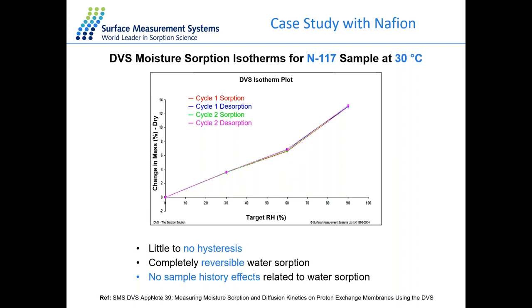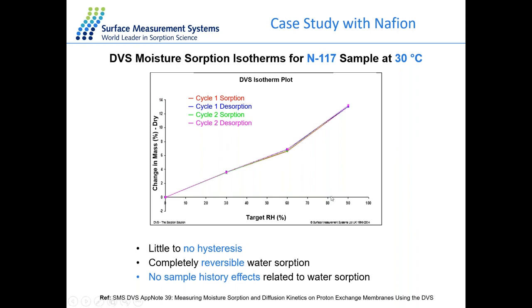The 2 cycles are completely overlapping with each other, so there is almost no hysteresis gap between the sorption and desorption isotherm, which indicates the water sorption on the same sample is perfectly reversible. There is no sample history effect at all for the water sorption on this naphthalene 117 sample at 30 degrees.